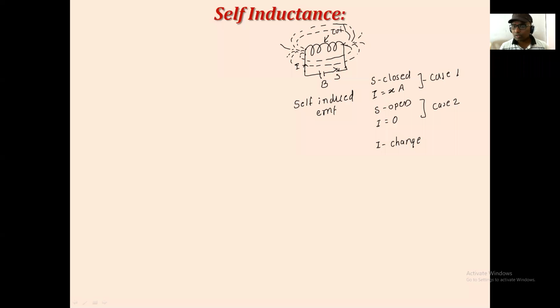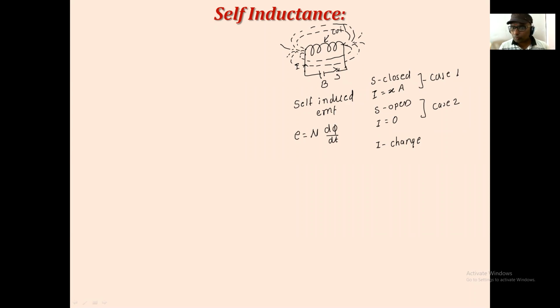Is it right? So the equation of the self-induced EMF is E equal to N d phi by dt. Correct?